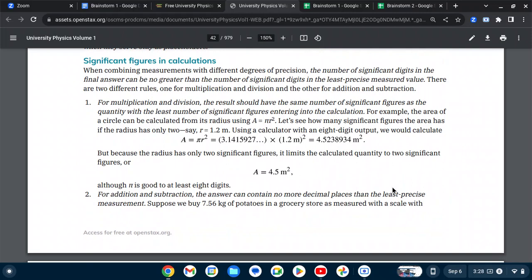Using a calculator with an 8-digit output, we would calculate A equals pi r squared, which equals 3.1415927... times 1.2 meters squared, which equals 4.5238934 meters squared. But because the radius has only 2 significant figures, it limits the calculated quantity to 2 significant figures, or A equals 4.5 meters squared, although pi is good to at least 8 digits.